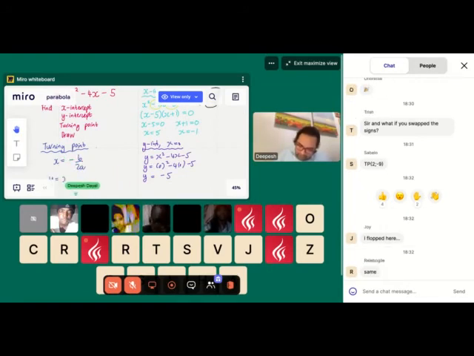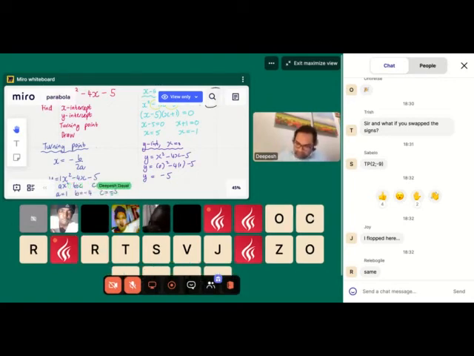And in our equation, we had y equals x squared minus 4x minus 5, and this is ax squared, bx, and c. So our a equals 1, b equals minus 4, and c equals minus 5, right?